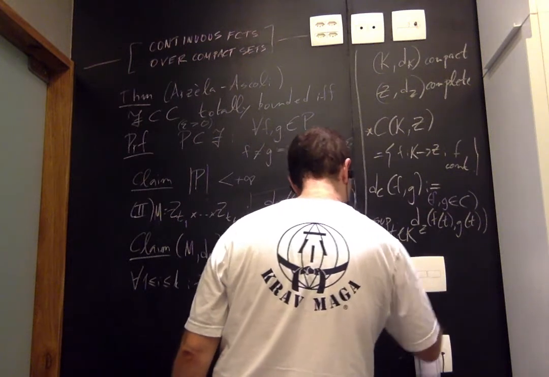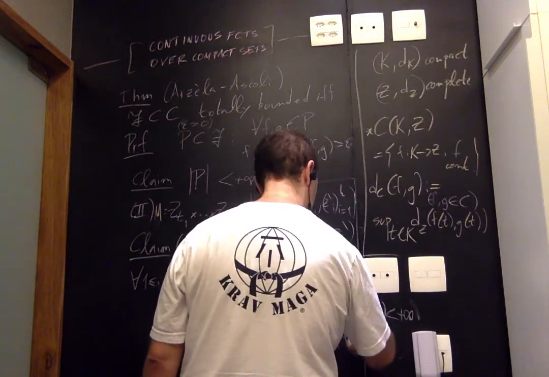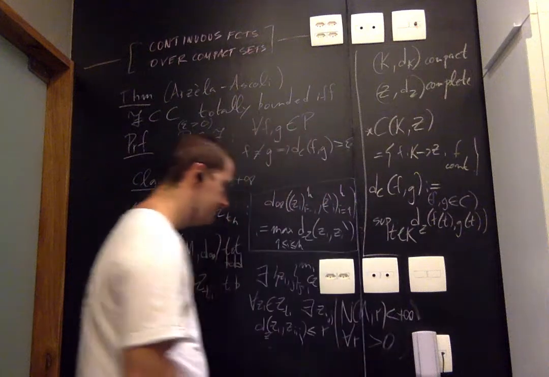I'm going to use covering instead of packing because it's slightly simpler, for all R greater than 0.